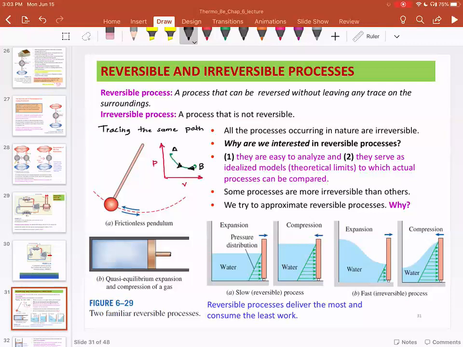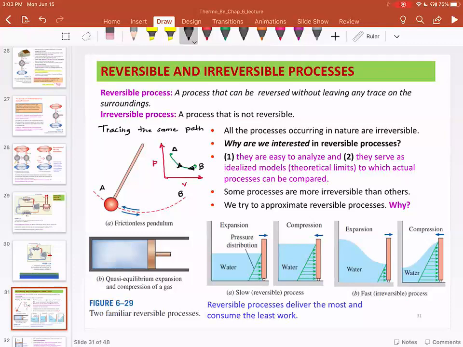So if you are tracing the same path, there is no effect on the surroundings, as if that process did not occur. For example, you have a frictionless pendulum. If the pendulum is swinging from point A to point B, there is no dissipation of heat, there is no loss, there is no change in the surrounding temperature.